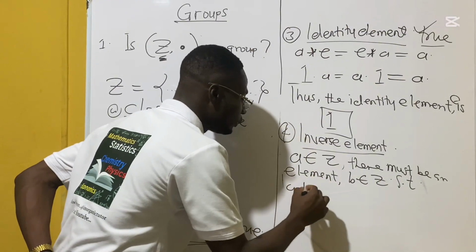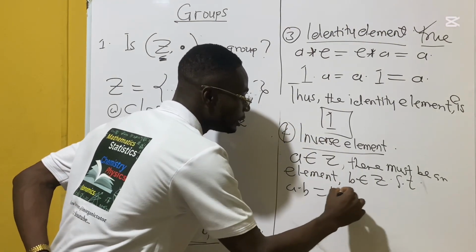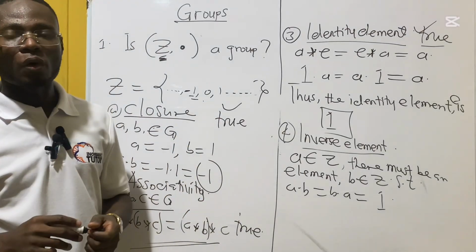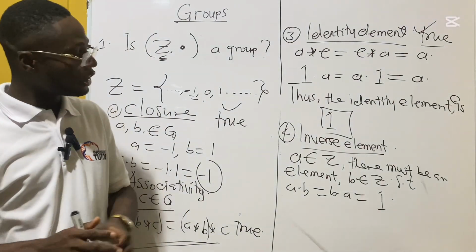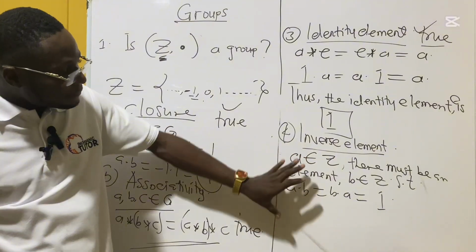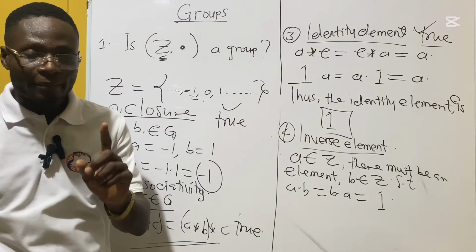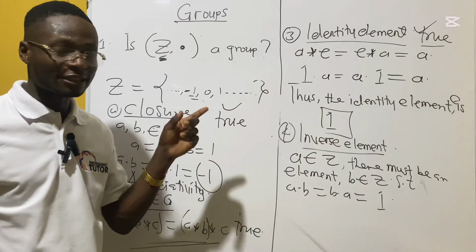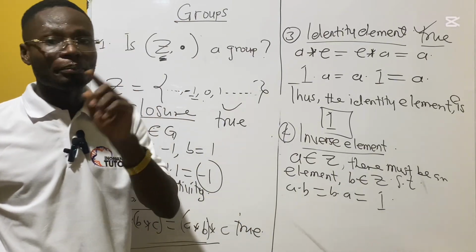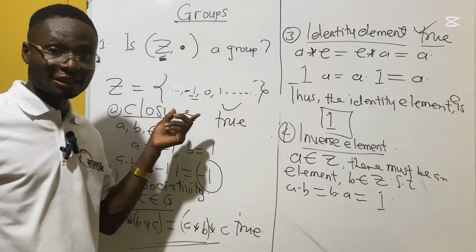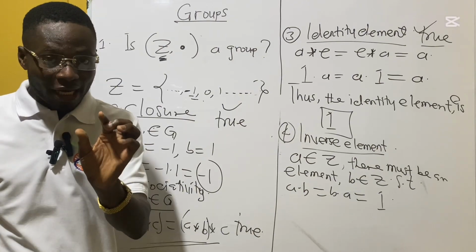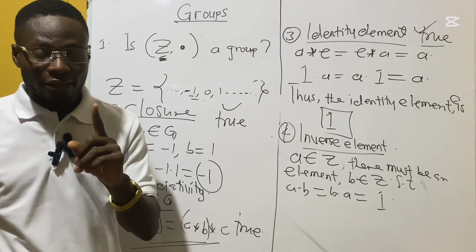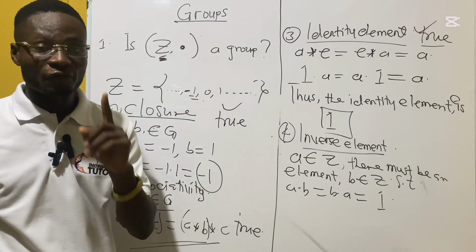Such that A dot B should be equal to B dot A, and that should give you a number called 1. So with the inverse, when you have any element called A, it should come from the set of integers, and another element called B should come from the set of integers. When you multiply these two elements, they should produce a result of 1.